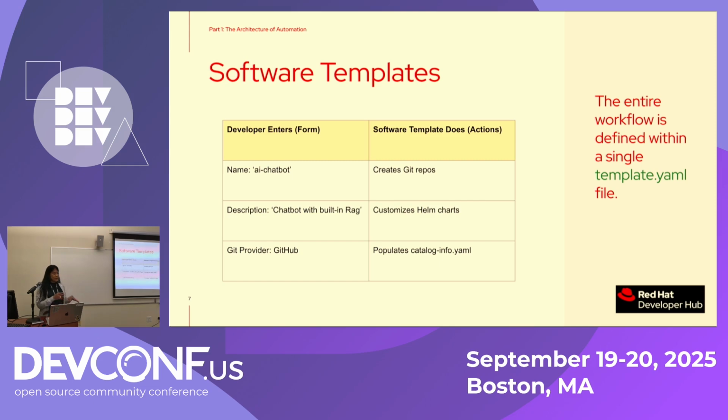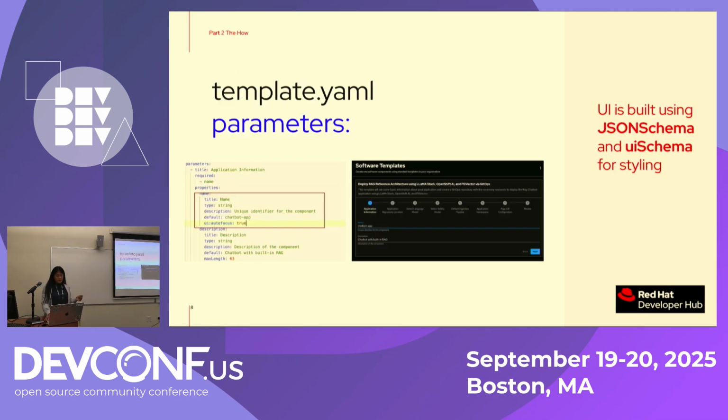So what's really going on under the hood? Well, there are two key parts to this magic. First is defining the form, which collects all the users' input data, and the second is defining the actions that do the work. So let's start with the form.